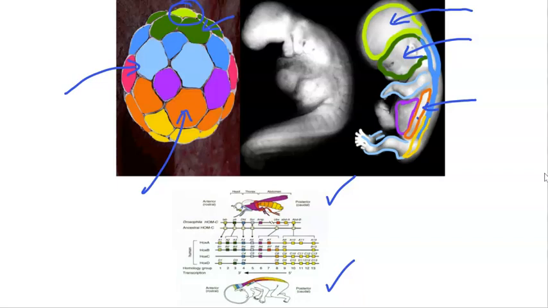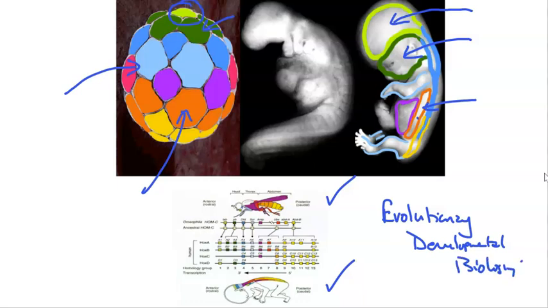And this has led to the development of a field of study called evolutionary developmental biology, which has the shortened name of Devo. This is a very popular and massively important field in 21st century biology.